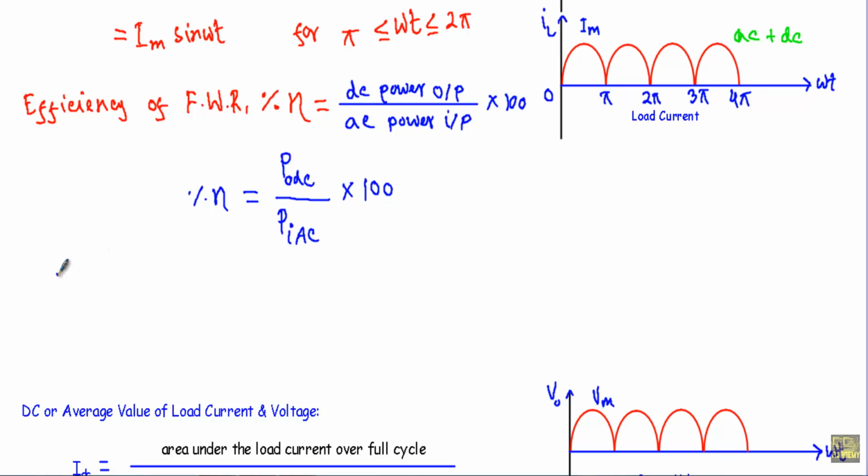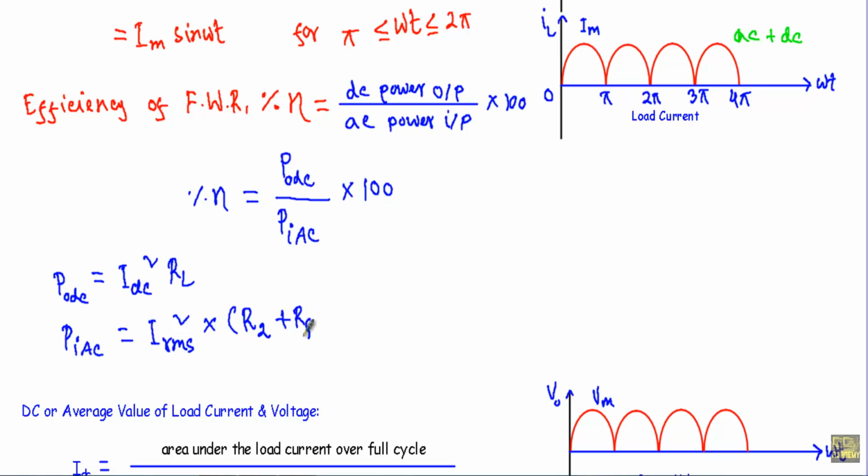And we calculate the PODC in a full wave rectifier by using this formula, IDC square into RL, and PIAC by using this formula, IRMS square into R2 plus RF plus RL.